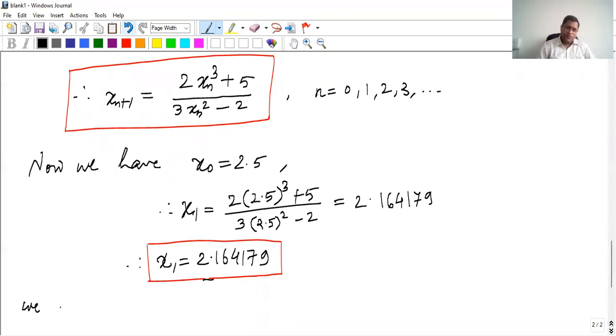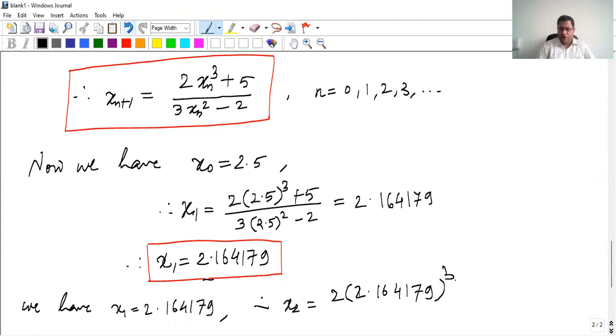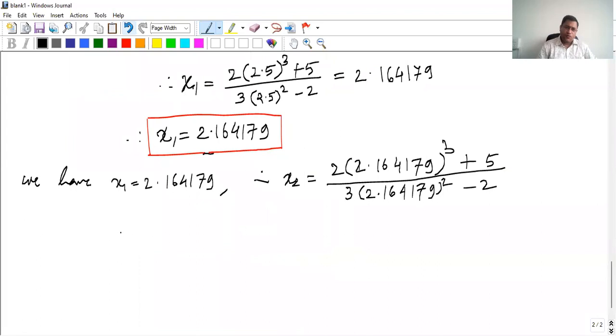So we have x1 is equal to 2.164179, and hence x2 is equal to 2 into 2.164179 cube plus 5 upon 3 into 2.164179 square minus 2. Now we get the value of x2. So what is the value of x2? You calculate, and I'm calculating with you.